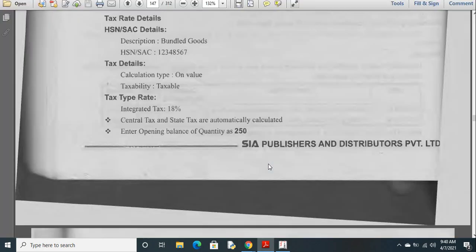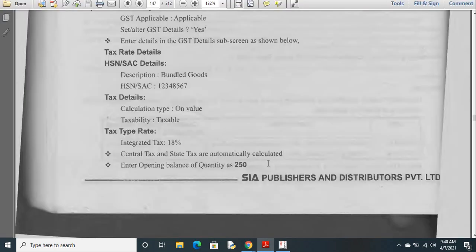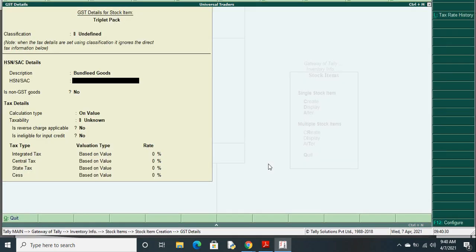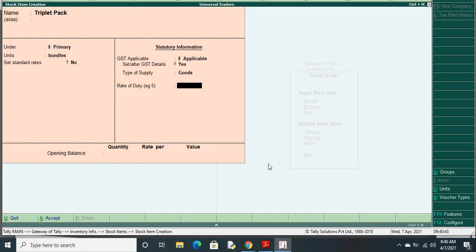Here we enter the description, bundled goods, HSN number 1234687, on value, taxable, here it is 18%, goods.